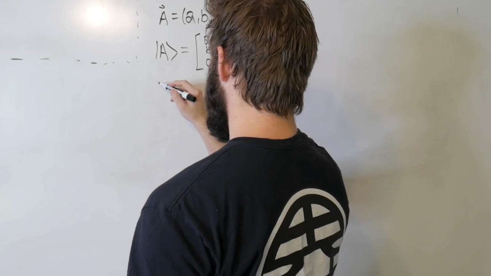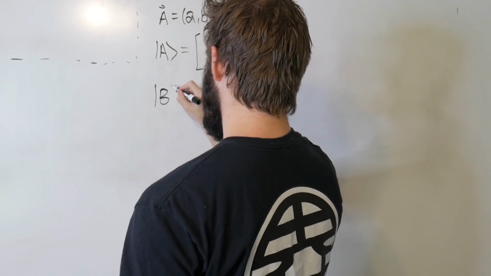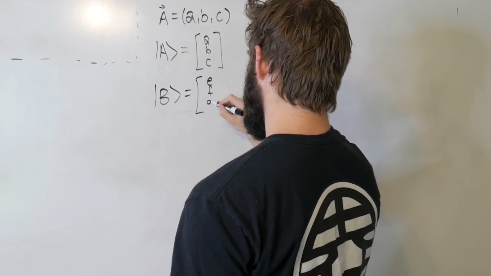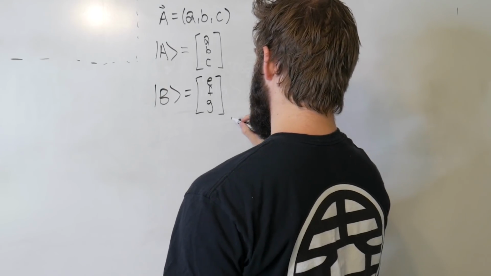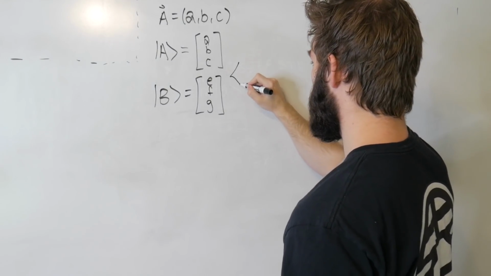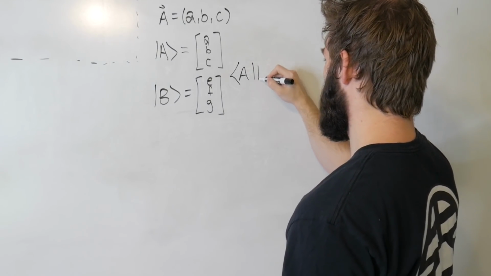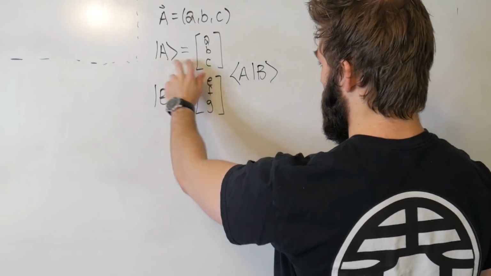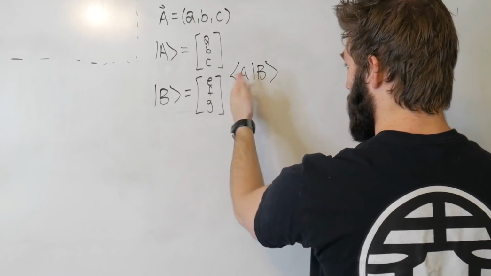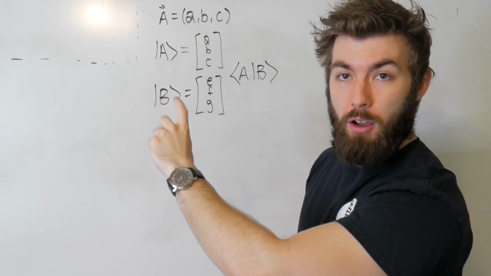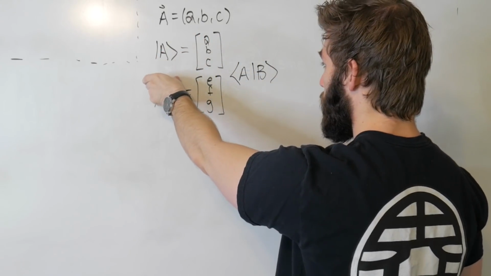So say I have a vector B also, E, F, G. Then we can take the inner product, or the dot product, between these vectors, A, B. Now you'll notice that this A isn't pointing in that direction anymore, it's flipped over. And what that tells us is that this column vector now becomes a row vector.